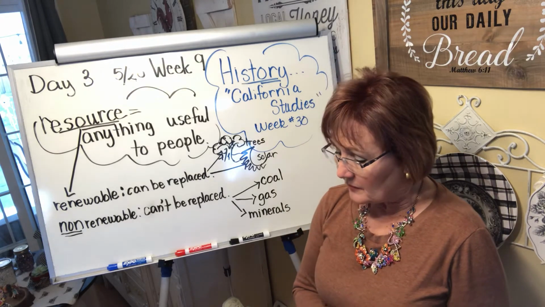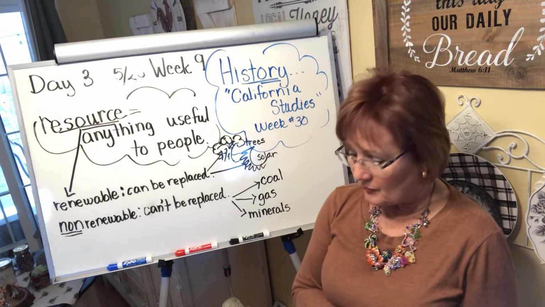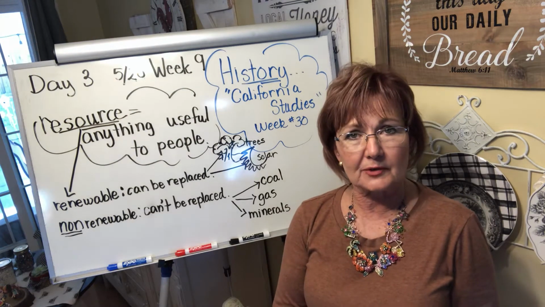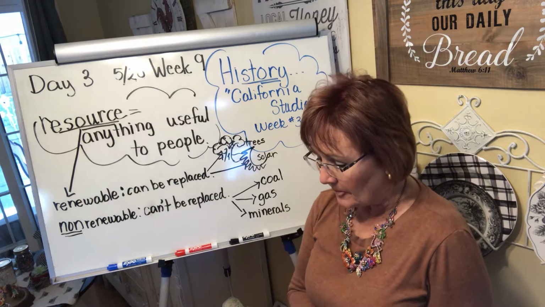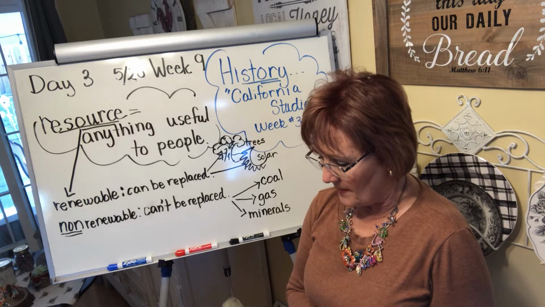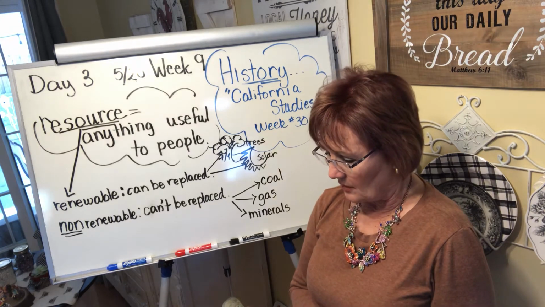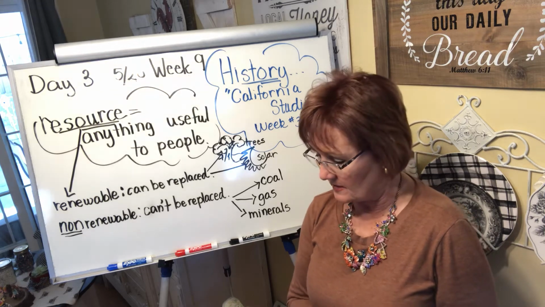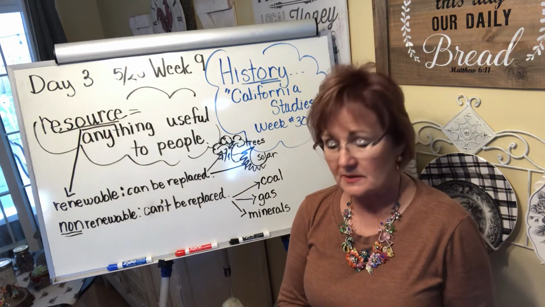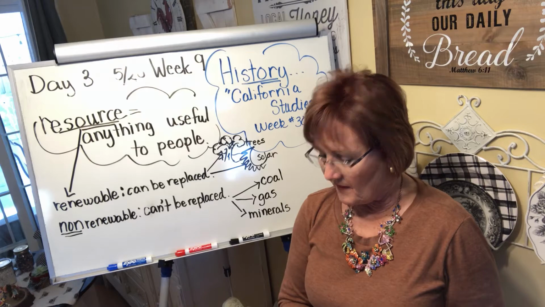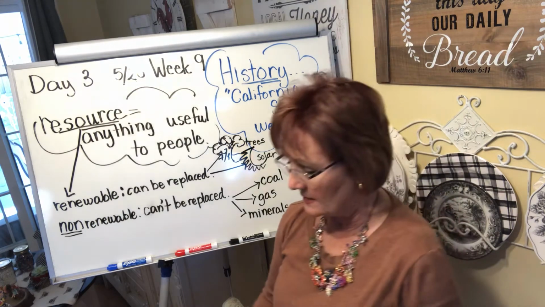People are a valuable resource because every job needs people for it to be successful. Capital resources are the man-made tools, machines, and locations used to make goods. Those are called capital resources. Man-made tools, machines, factories where they make goods.